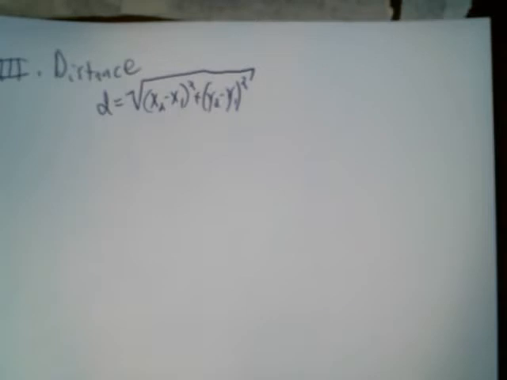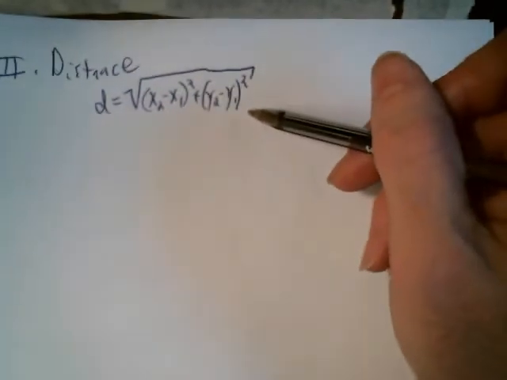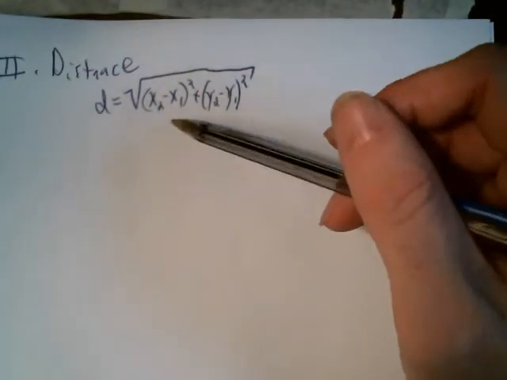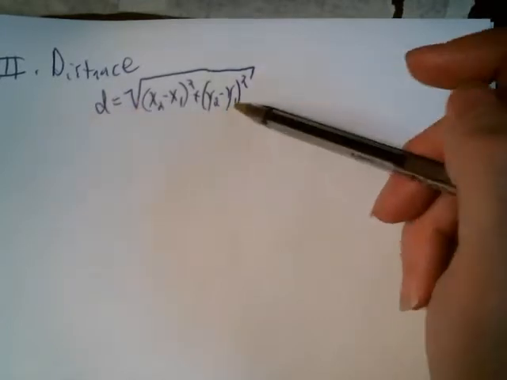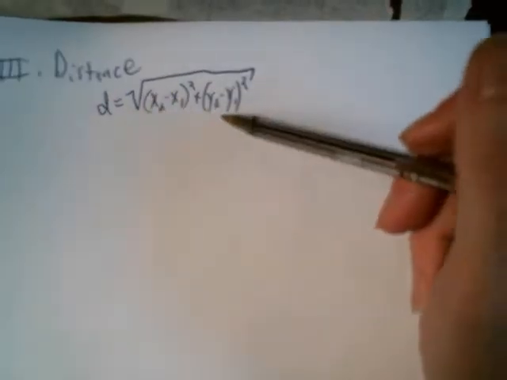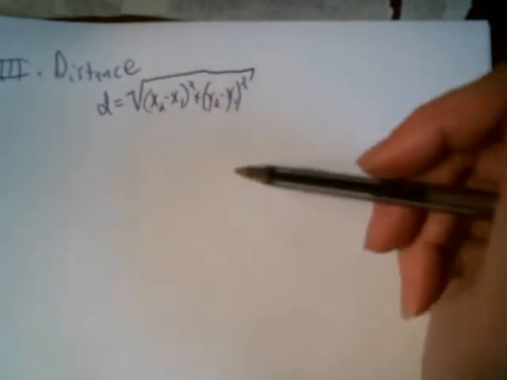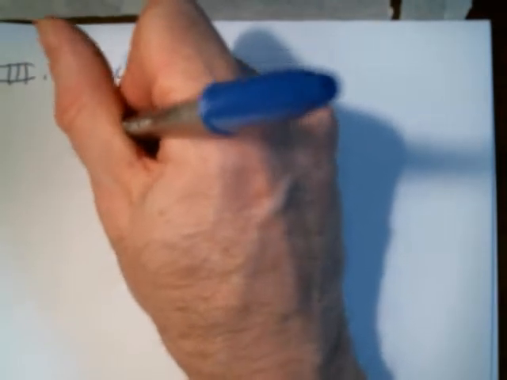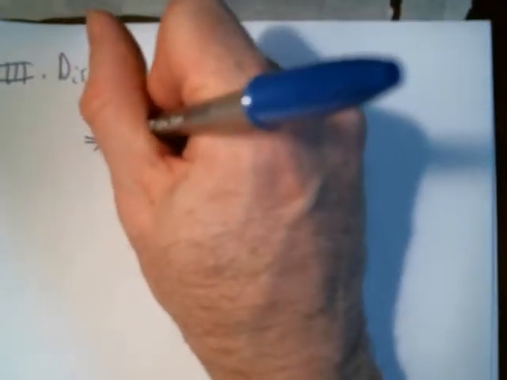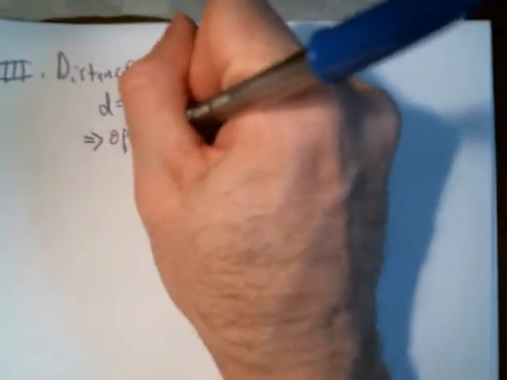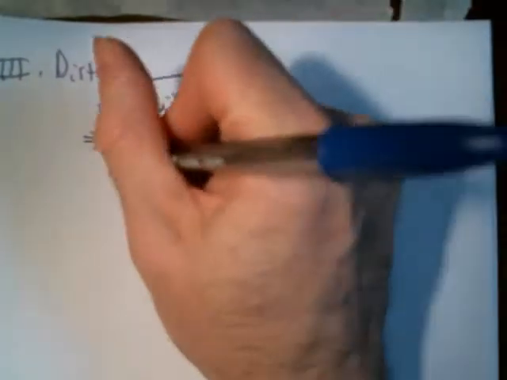Okay. Typically, when we work with these, we're going to work with the square of this thing, so we don't have to worry about the square root. Whatever value will maximize the guts of the square root will simultaneously maximize the square root of that thing. Okay. So generally, then we're going to work with maximizing or optimizing the formula.